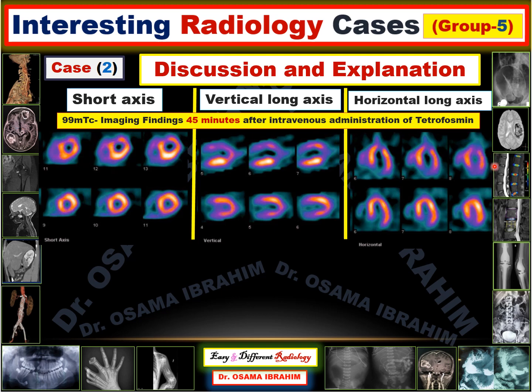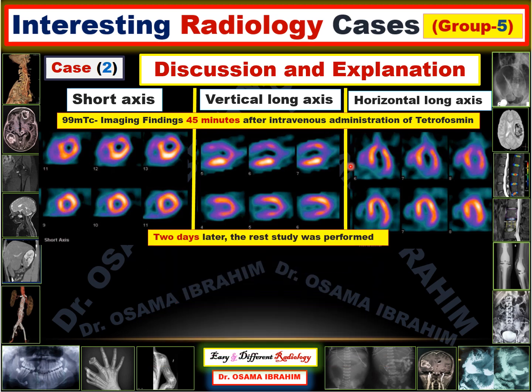All the first row is the stress image, taken 45 minutes after injection of the tracer. After 2 days, you can take the rest image, as we see here in the second row, with all imaging in short axis, vertical long axis, and horizontal long axis. The second row here represents the rest image, which is taken after 2 days.